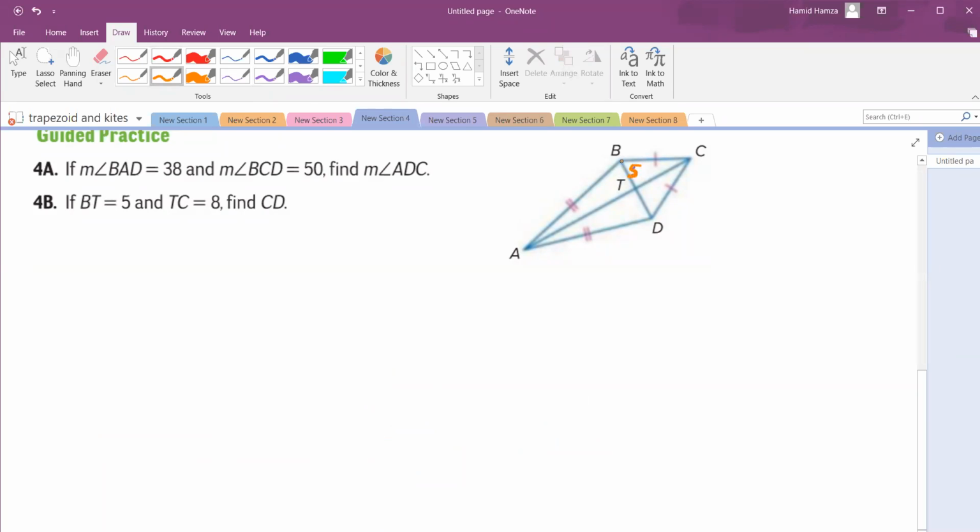Okay, so this line BT is 5. And we have TC equals 8, so this line is 8. And we wanted to find CD. We wanted to find CD, this line.